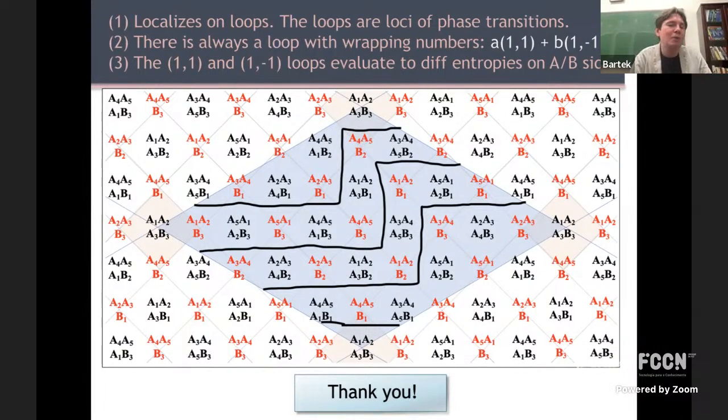And basically the (1, 1) and the (1, -1) loops have the interpretation of evaluating one differential entropy quantity on the A side and on the B side. So whether your cycle wraps a (1, 1) or a (1, -1) cycle tells you whether the curve for which you are computing the differential entropy resides on the A side or on the B side.